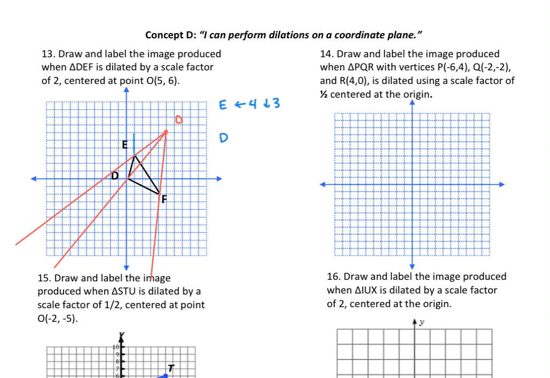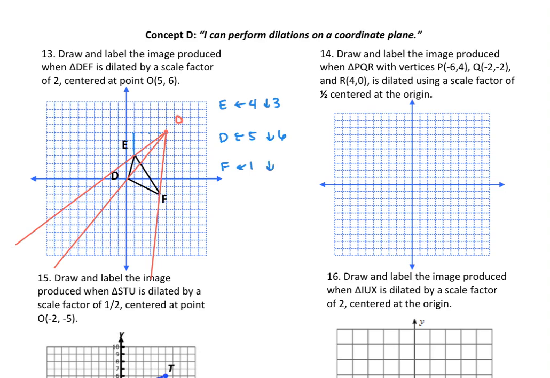And then D, I go left 1, 2, 3, 4, 5, and then I go down 1, 2, 3, 4, 5, 6. And then F, I go left 1.